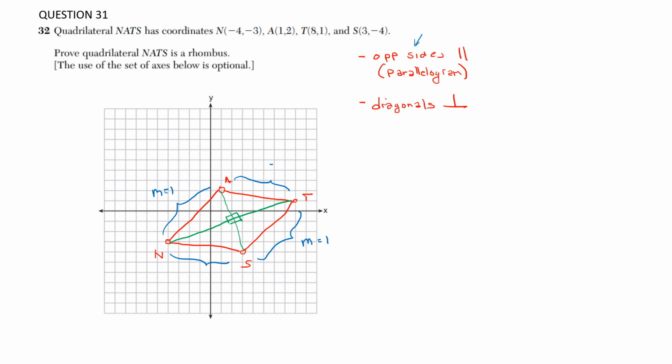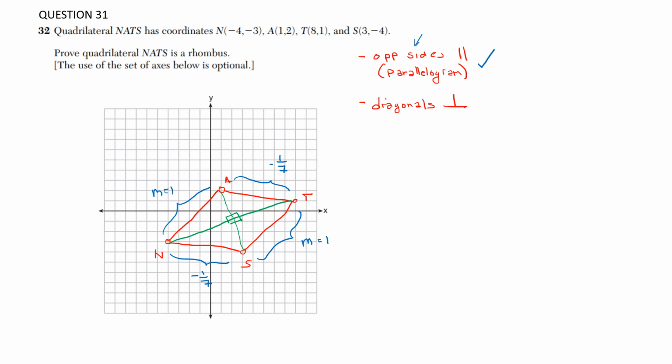So this is -1/7. I'm doing rise over run, same thing with NS, -1 over 1, 2, 3, 4, 5, 6, 7. So this is indeed a parallelogram. That's what we just proved.